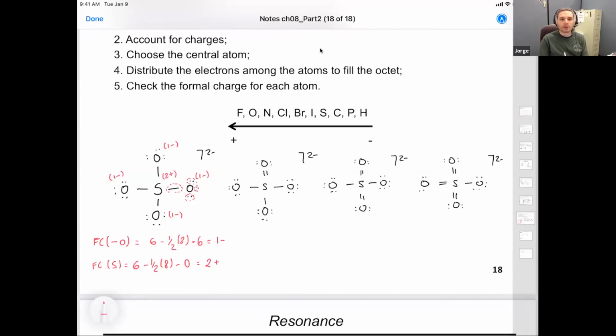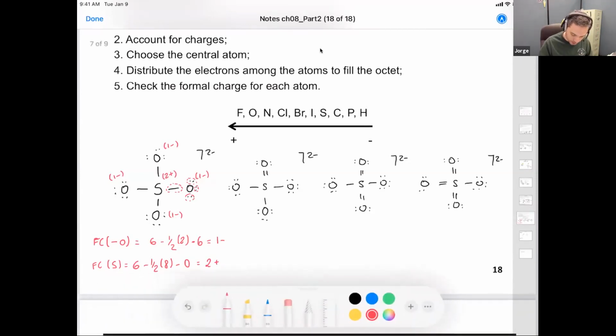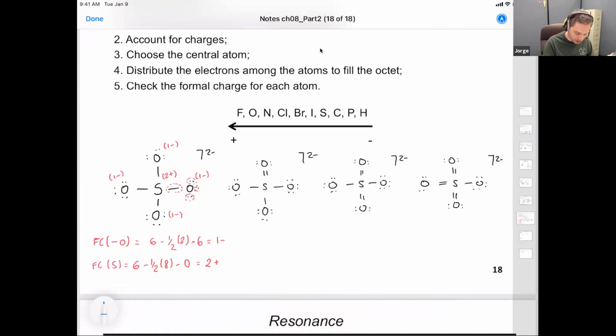Okay, so ideally, the formal charges of all the elements in the structure must be 0. Okay, double and triple charges are not stable. Therefore, for the first structure, for the first possibility of sulfate, we have here a double charge localized at the sulfur.